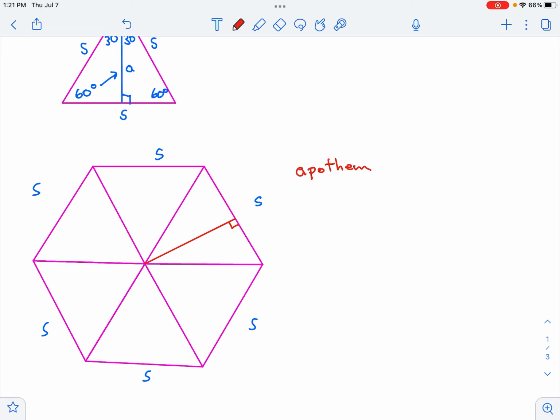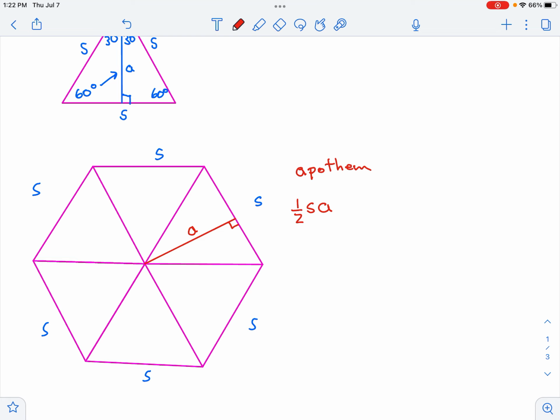Now let's see if we can find the area of this one triangle first. Well, it's 1/2 of S times the altitude here, the apothem, and I'll just call this A. So this right here is A. So 1/2 base times the height there.